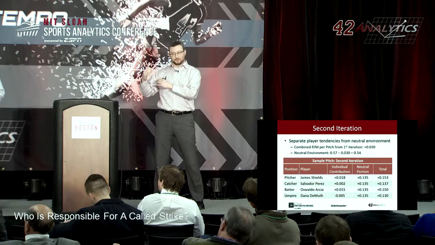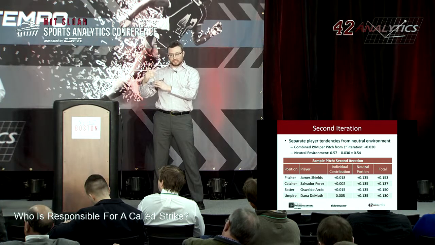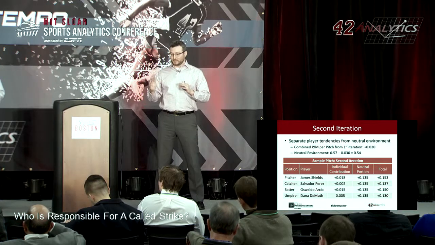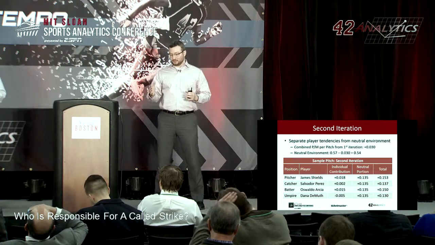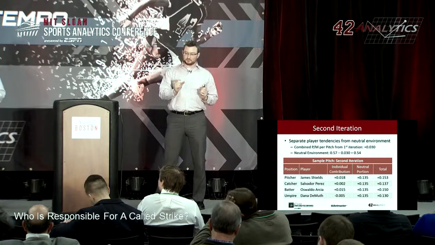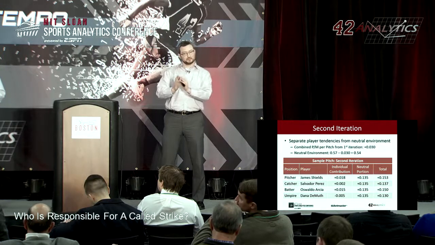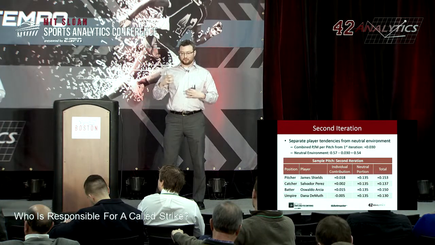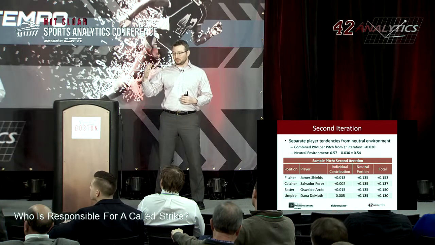And that's the piece that we're still going to say each of the four have equal claim to. Basically, we have for each of those four an individual piece and a neutral piece, and you'll see the new total that we get for each of these four on that given pitch.